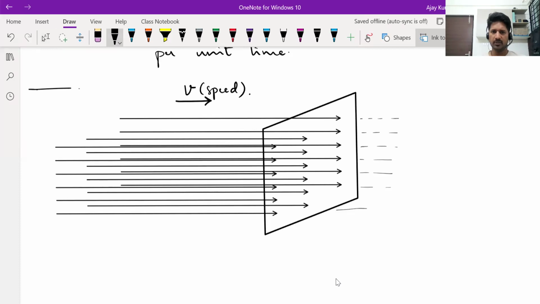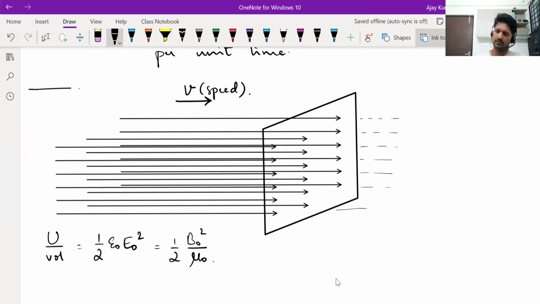Now we know the energy per unit volume, the energy density in the electromagnetic wave, is half epsilon naught E naught square. Or you can also write it as half B naught square by mu naught. Any one expression can be used.